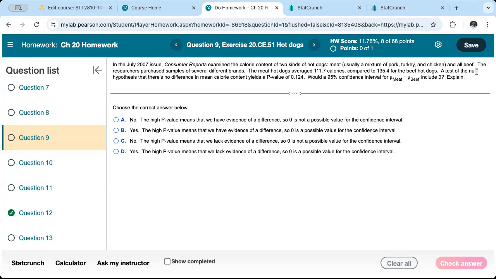The researchers purchased samples of several different brands.